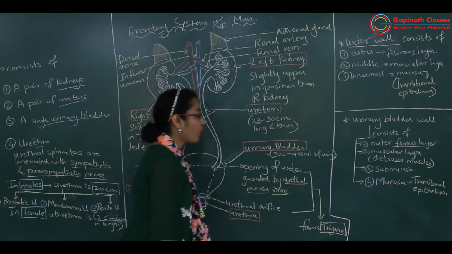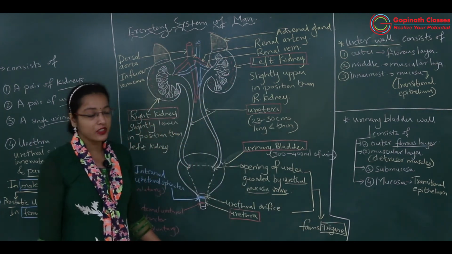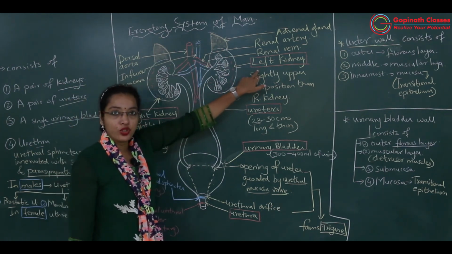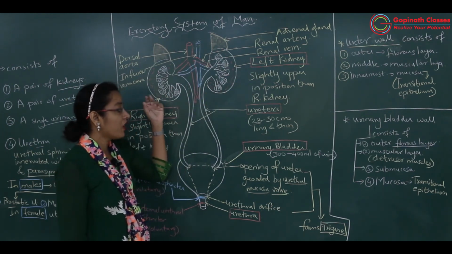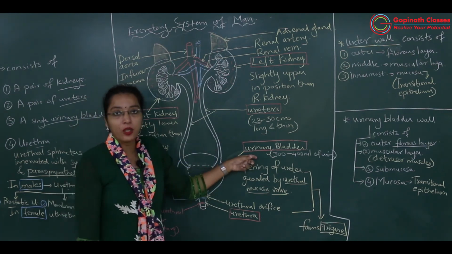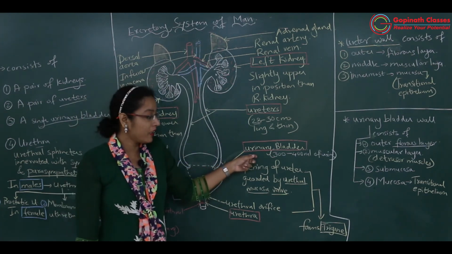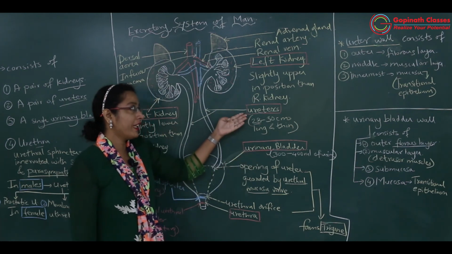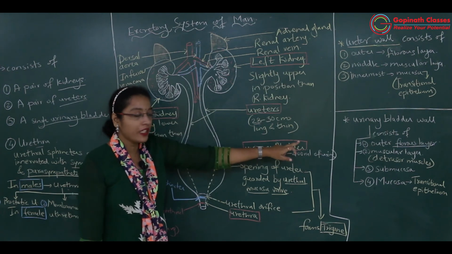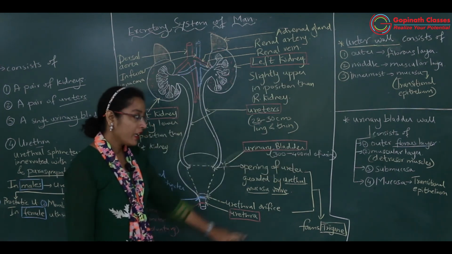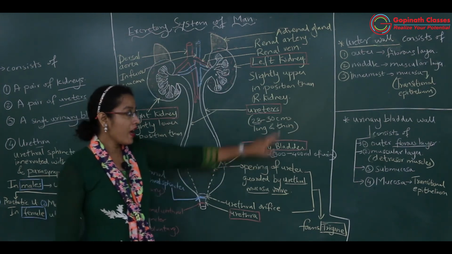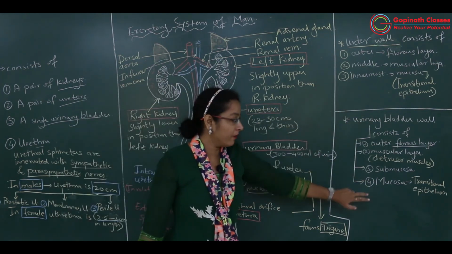Okay, so very important questions which are asked from this topic are left kidney position and right kidney position, as well as you have to remember how much amount of urine will be stored in the urinary bladder, then what are the different layers which are seen in ureter wall and urinary bladder wall. उसमें detrusor muscle के ऊपर बहुत ज़्यादा question पूछे जाते हैं and transitional epithelium.